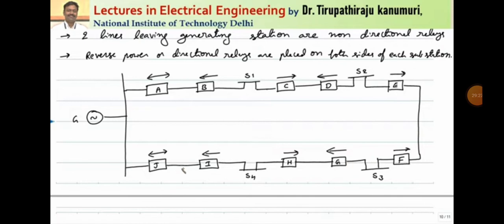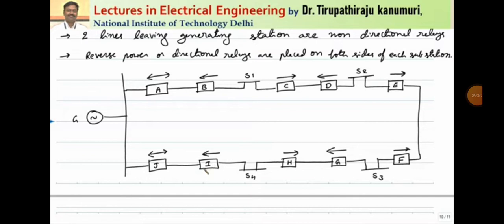When the fault happens anywhere in a station, these directional relays will operate. So how to keep the time setting for these directional relays? Try to understand it first, then we will proceed for the remaining things. This is against the normal direction. So this will operate if the fault happens here, because generator 1 will supply the fault current in this direction to this fault.